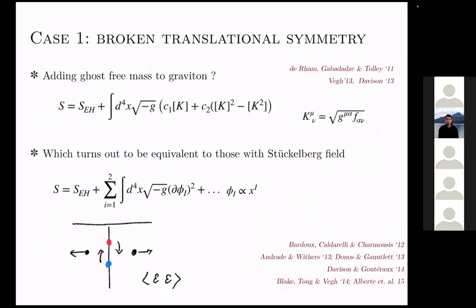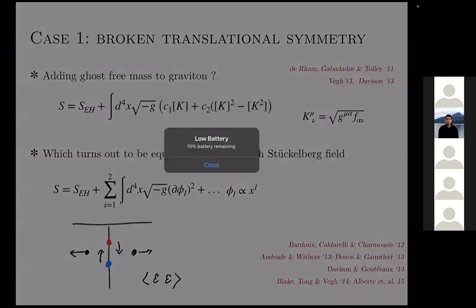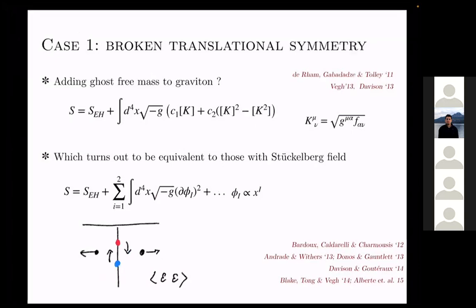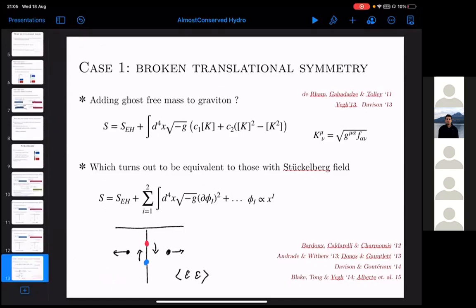The first example is: what happens if we break translation symmetry? The way people do this is that you add some ghost-free mass term to give a mass to the graviton, and there's something called dRGT massive gravity. Let me charge my iPad just to make sure that it's not going to go down soon.